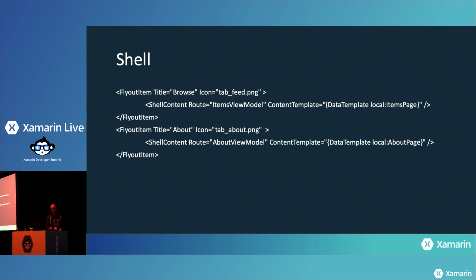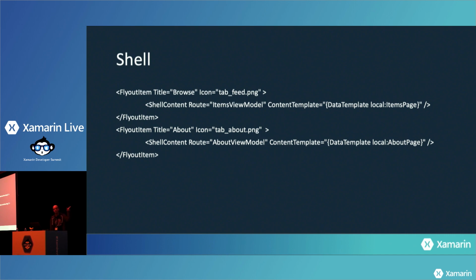So here's a quick look at the declarative XAML. This is cool, because basically you have a master details page, with the flyout items. You have your master, which is your flyout, and you have your details, which is your shell content. Now this whole thing is a master details page and a tab page all rolled up into one nice happy box.